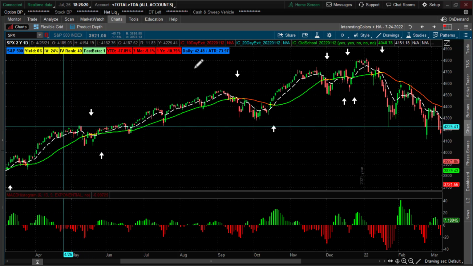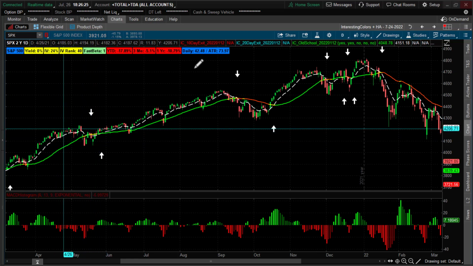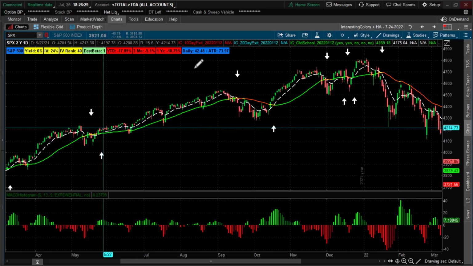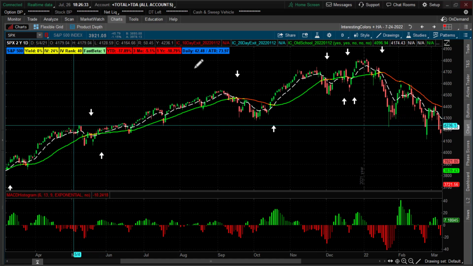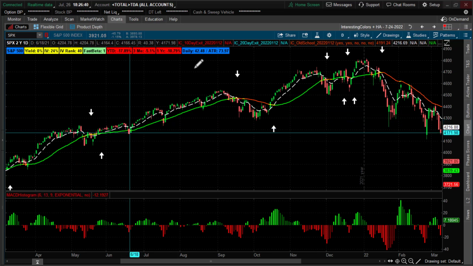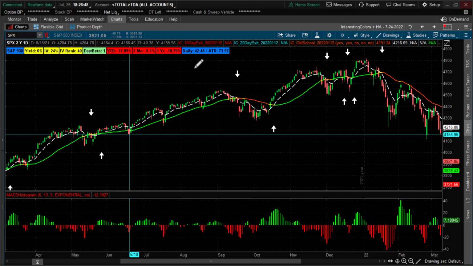Then it changes around and goes back up: this is a high and this is a low. When it starts to trend again, it goes up. Since this high is a little bit higher than the previous high, this is a higher high. Likewise, when it rolls over and goes down, this is a low, but since it's a little higher than the previous low, this is a higher low.